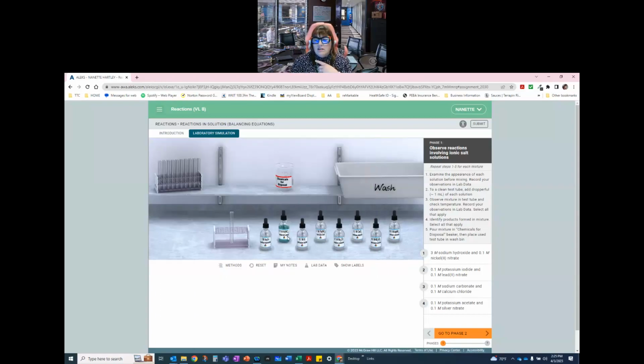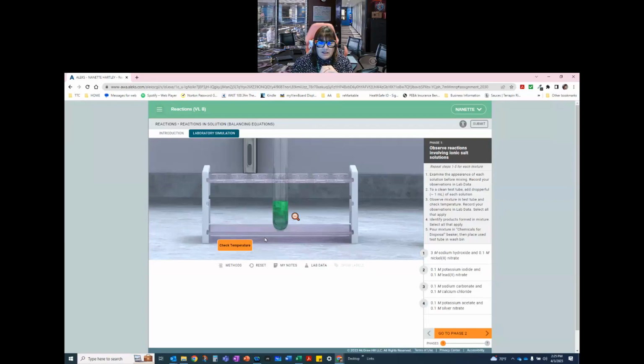Okay, now to a clean test tube, add a dropper full of each solution. So I add the NaOH, put that back, add a dropper full of this, put that back, and I can check the temperature as well. Now it doesn't feel hot, but I do see this solid has formed.